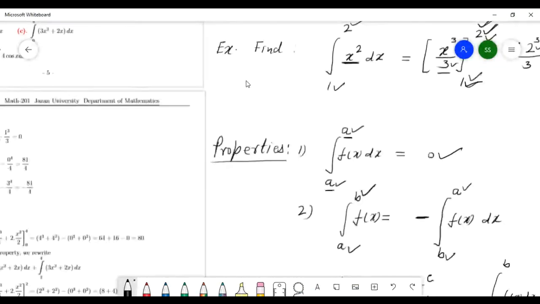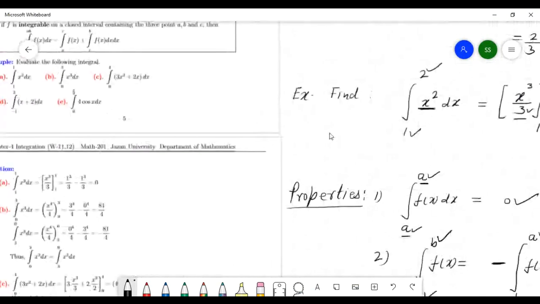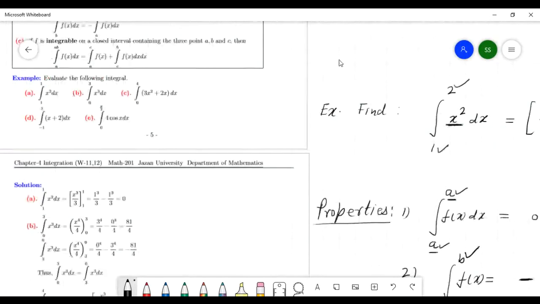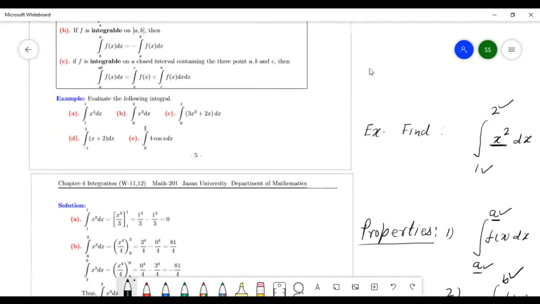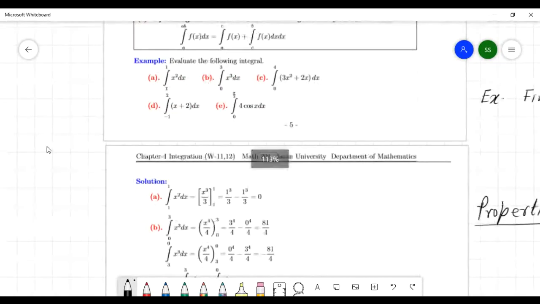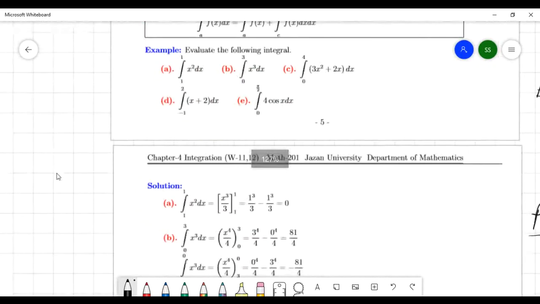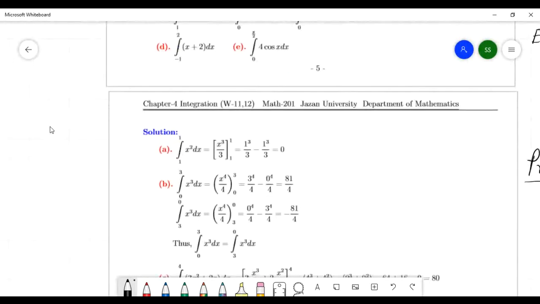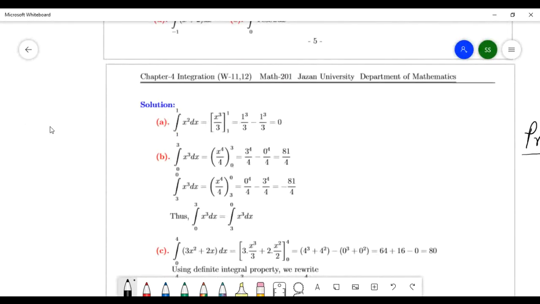So here is the property. See this question here, question A: the integral from 1 to 1 of x squared dx is 0. Why 0?